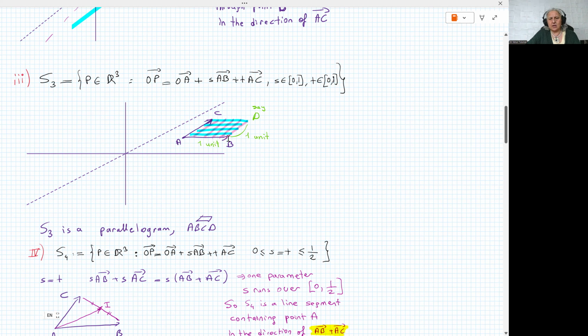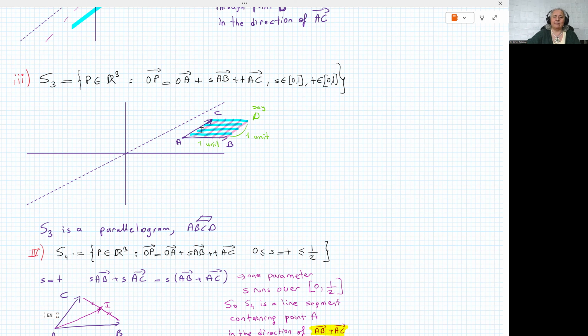So from here to here, 1 unit. Another one running through the 1 unit, so we have all these parallels to it. And the T, we are looking at all the parallels to the AC, and that is limited. It means that will be a parallelogram.